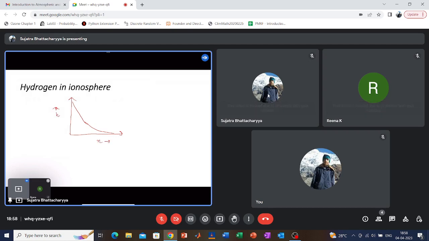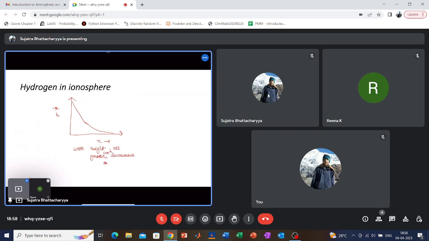With height, all gases' concentration decreases.